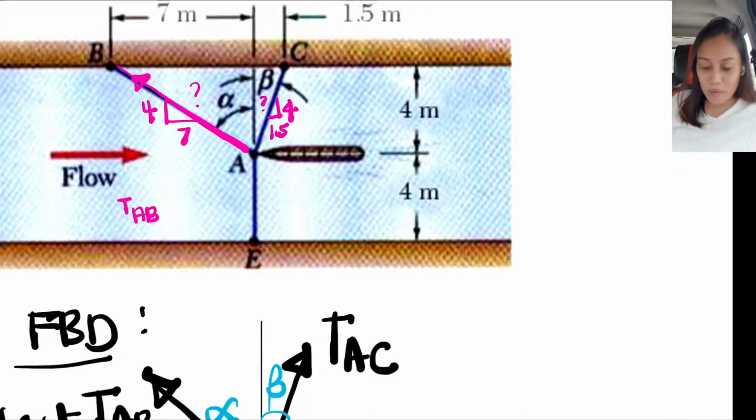If you use the slope, the square root of 4 squared plus 7 squared is equal to the square root of 65, which is 8.062, but you can just use the square root of 65.